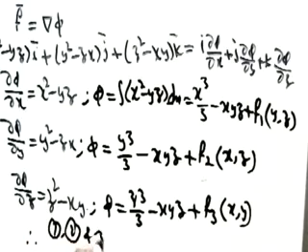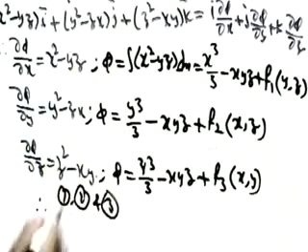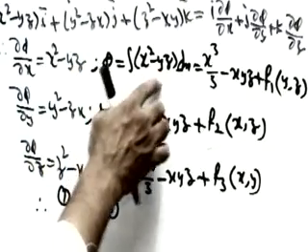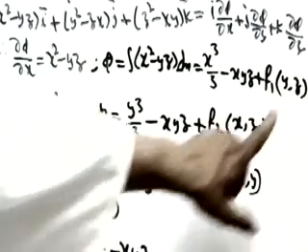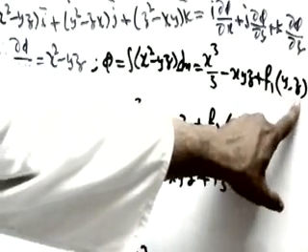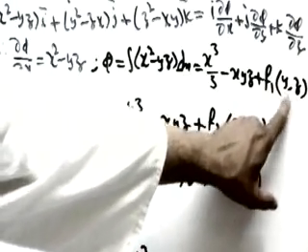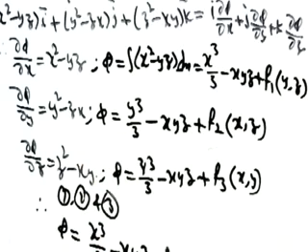So therefore from 1, 2 and 3, what are the common terms? Watch here. First let me take phi from the first: phi equals x cube by 3 minus x y z plus, we have to take the terms of y, z and yz.